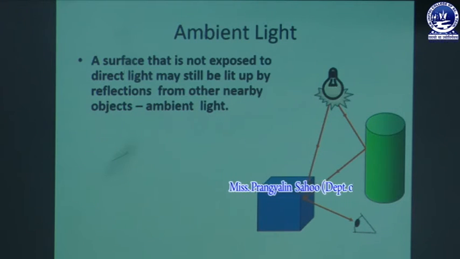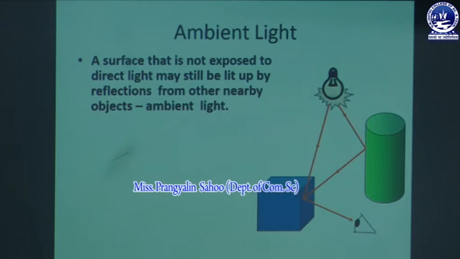When finding the intensity of reflected ambient light, we assume a constant ambient reflection coefficient, Ka, and Ia, which is the actual intensity of ambient light. When these are multiplied, we get the intensity value of the given object. So that's about ambient light.